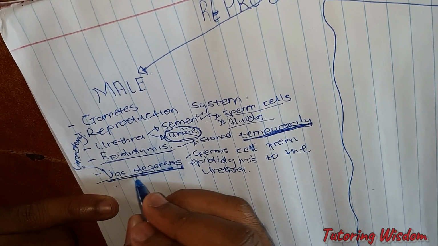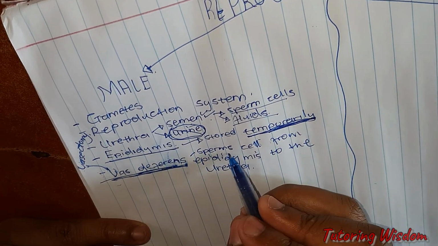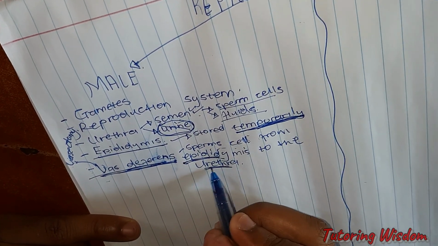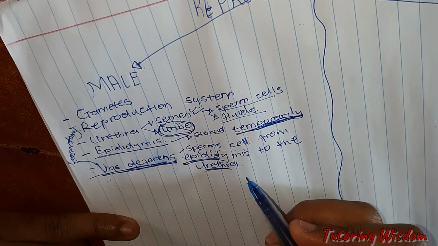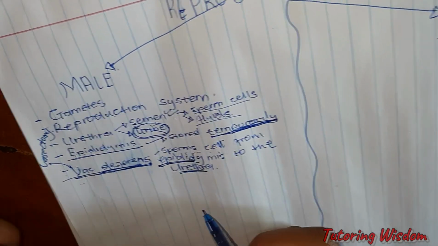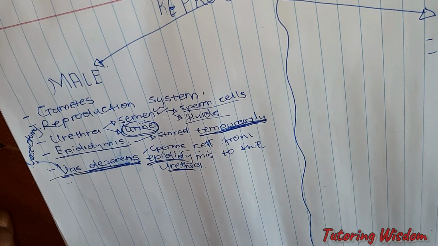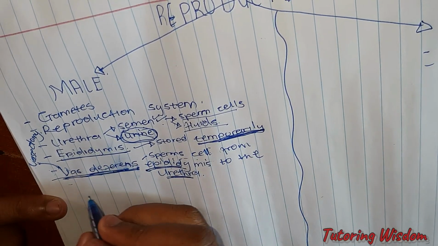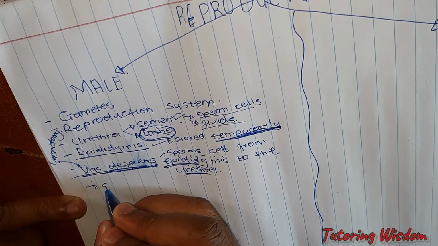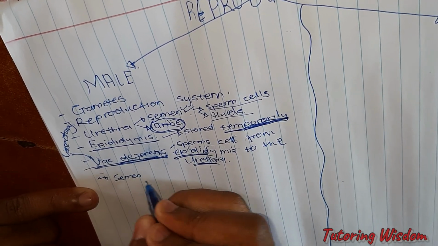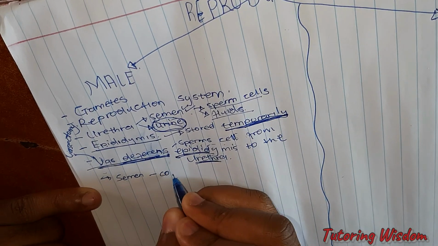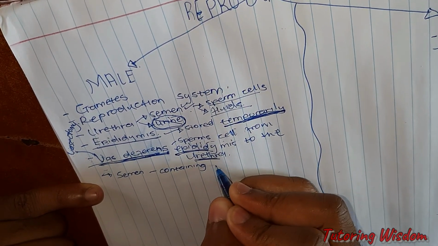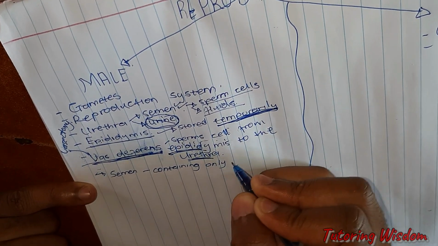The vas deferens transports sperm cells from the epididymis to the urethra, so that transportation will be cut. No sperm cells will be going to the urethra. This will lead to semen containing only fluids and no sperm cells.